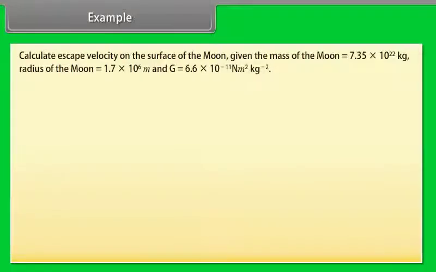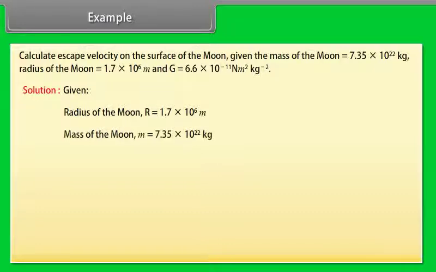Example. Let's take an example of escape velocity. Calculate escape velocity on the surface of the Moon, given the mass of the Moon, radius of the Moon and value of g. Let's see the solution. Given radius of the Moon r is equal to 1.7 into 10 to the power 6 meter. Mass of the Moon m is equal to 7.35 into 10 to the power 22 kilogram.